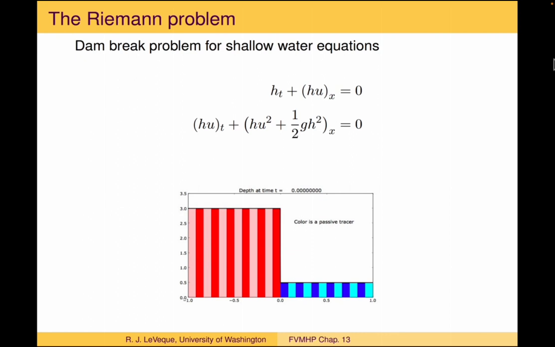This refers to the case where the velocity is zero in both the left and right states, and we just have a jump in depth as if there were a dam here, and then at some point we break the dam and we let the water flow.